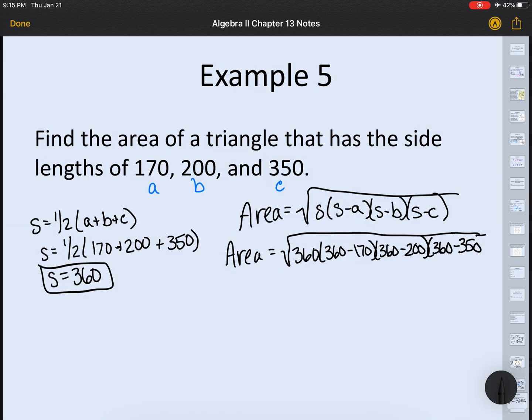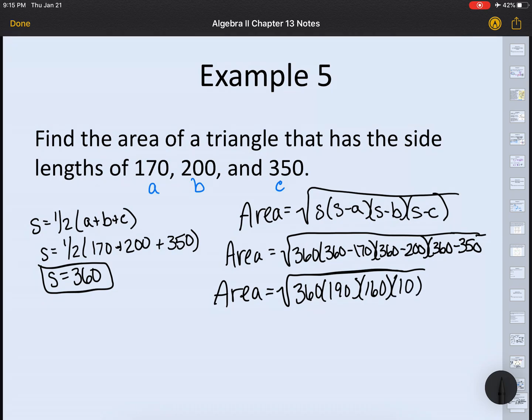Okay, so if we look at this, that is the same thing whenever we reduce this down as 360 times 360 minus 170, which is 190, 360 minus 200, which is 160, and then 360 minus 350, which is 10. So now we could put that into the calculator, like so.